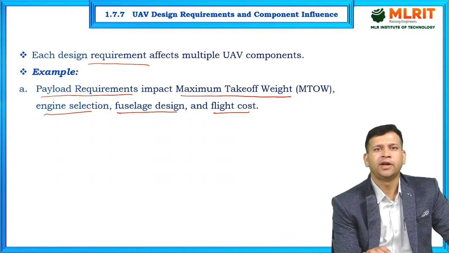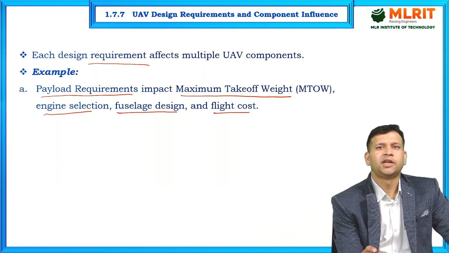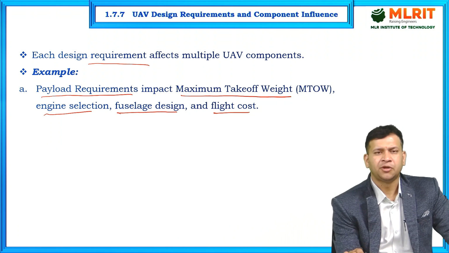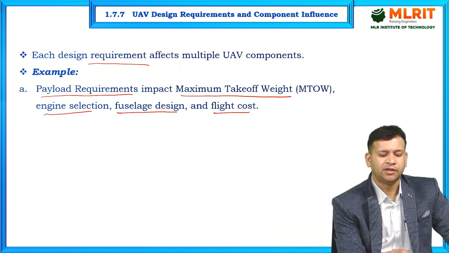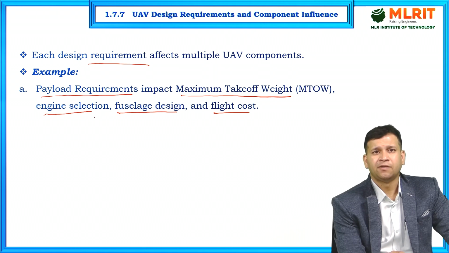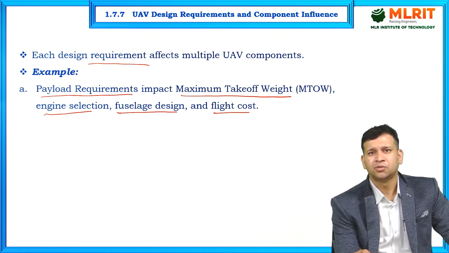All these areas will be affected. In case I decrease the payload requirements, the MTOW will go down, automatically the engine selection criteria will change, then fuselage design parameters will change, and this will lead to a change in flight cost.